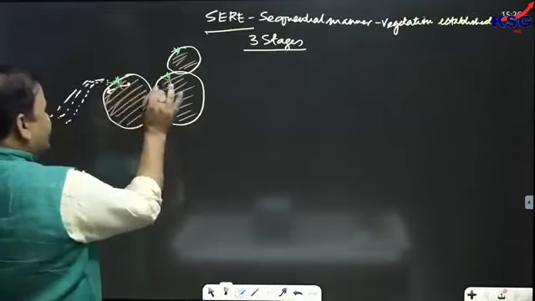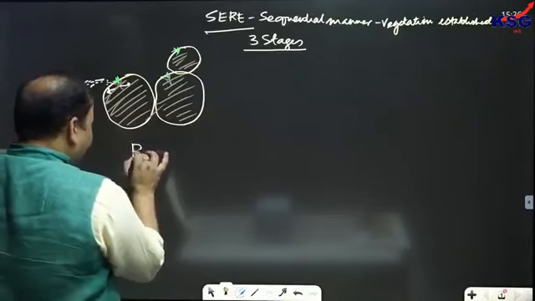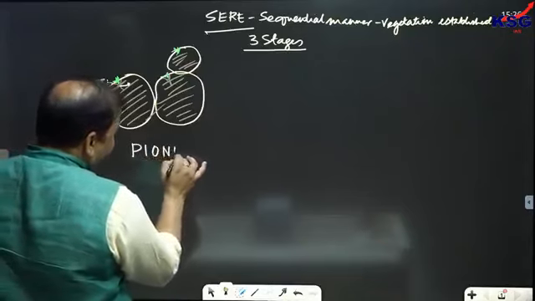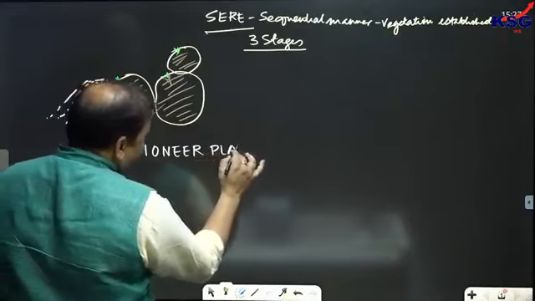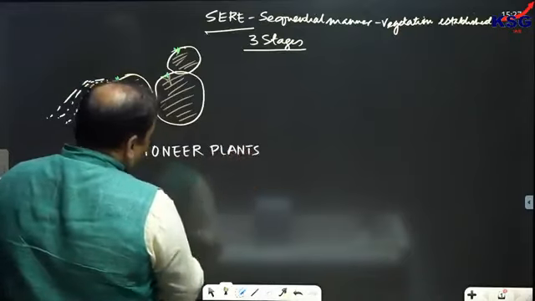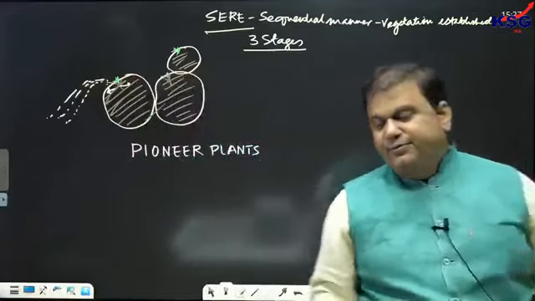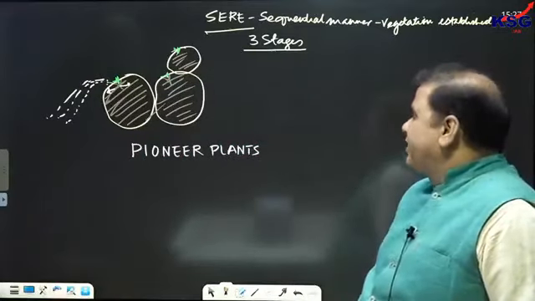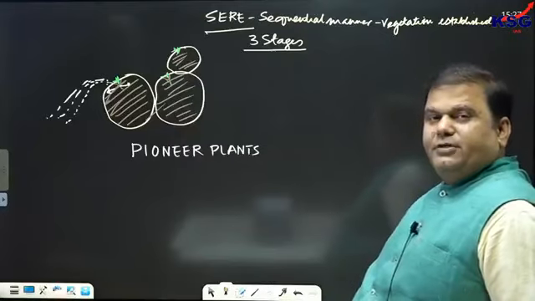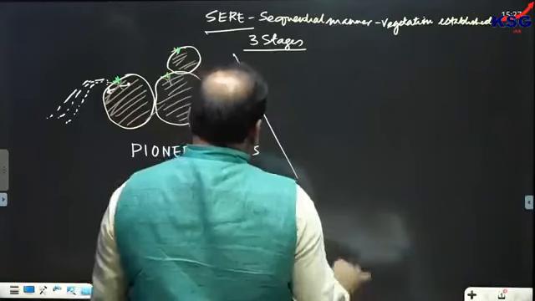So since these vegetation are the first vegetation of this area, they are referred to as pioneer plants. They are responsible for soil formation and for broadening of the fissures.